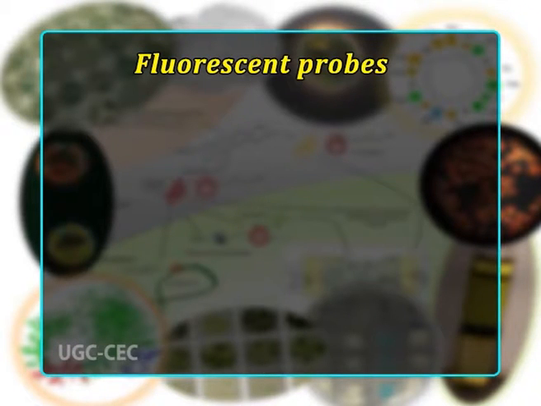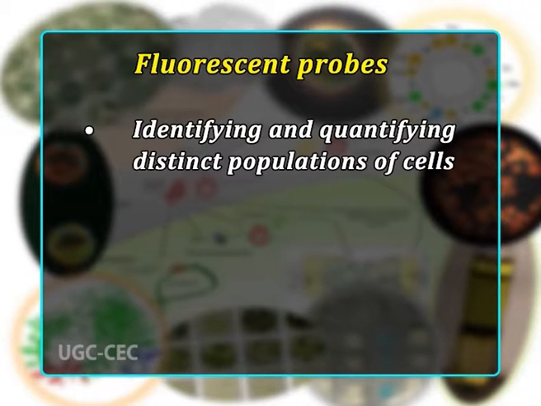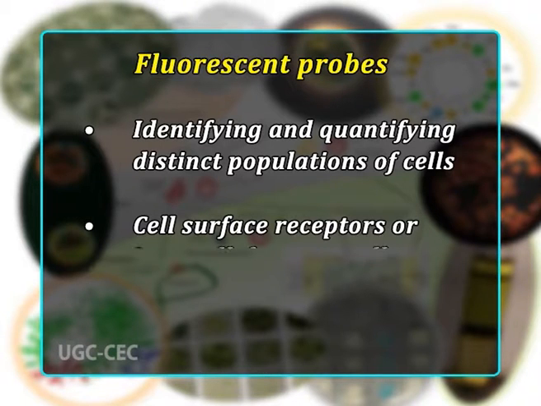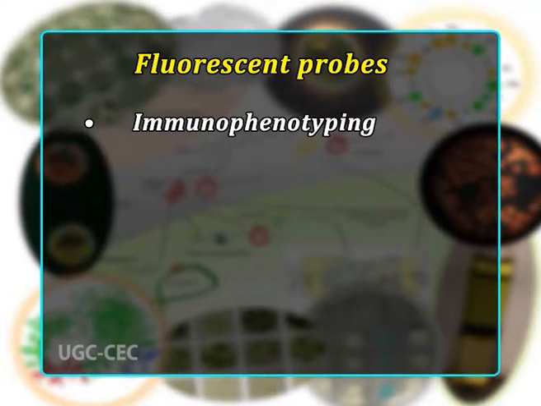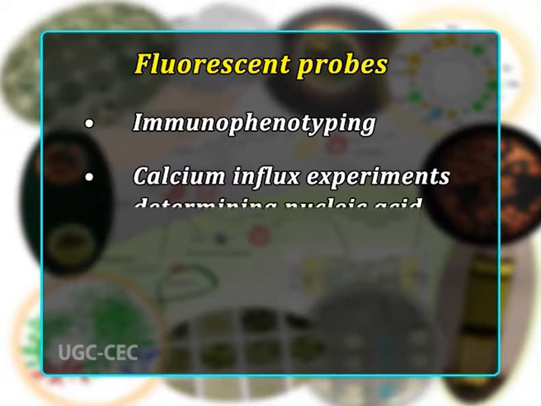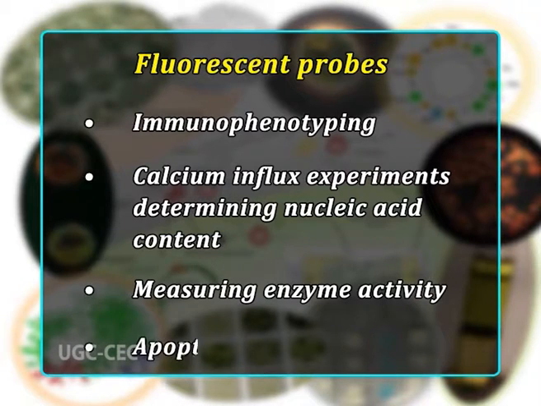Fluorescent probes are useful in a wide range of applications, including identifying and quantifying distinct populations of cells, cell surface receptors or intracellular organelles, cell sorting and immunophenotyping. Calcium influx experiments, determining nucleic acid content, measuring enzyme activity and apoptosis studies.